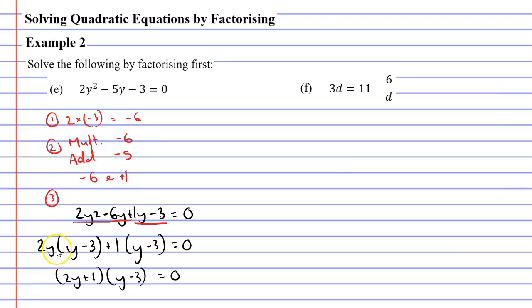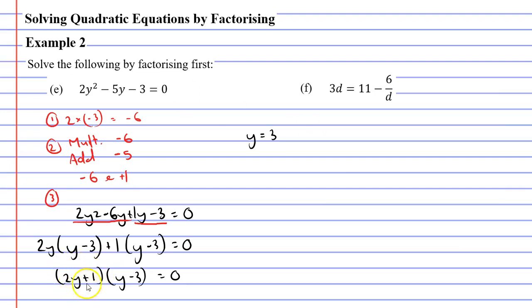So we've done all the hard work now. We've factorized our expression. All we need to do is make each set of brackets equal to 0. Now the second set of brackets is really simple. If we make y equal 3, 3 minus 3 will equal 0. So that's going to be our first solution, y equals 3.